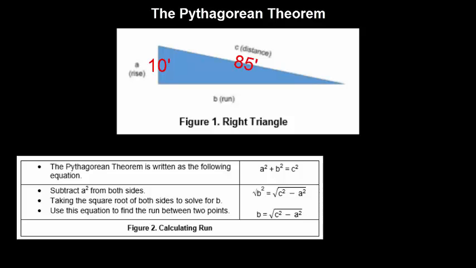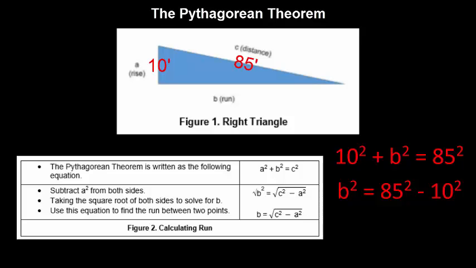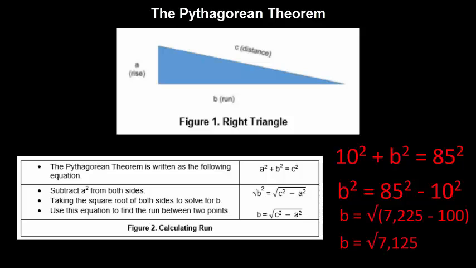Replace A and C in the equation with these numbers. B squared is equal to 85 squared minus 10 squared. Simplified, the equation is written as B equals the square root of 7,225 minus 100, or 7,125. Therefore, B, or the run, is 84.4 feet.